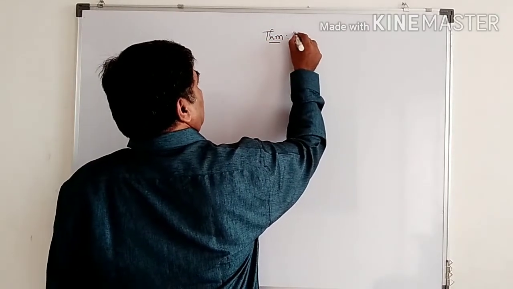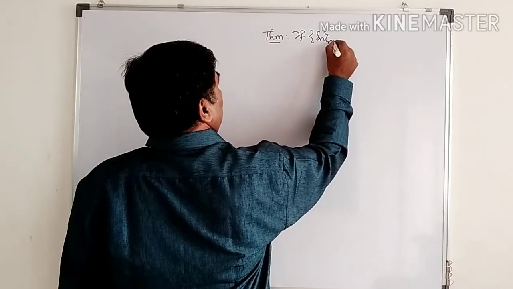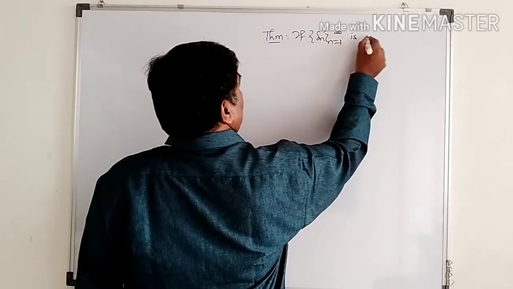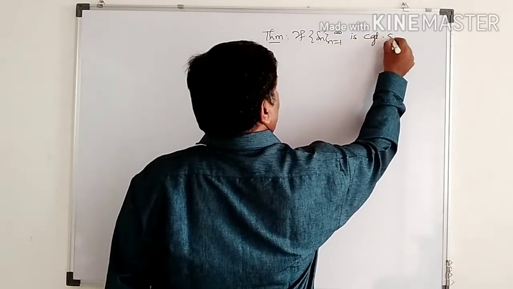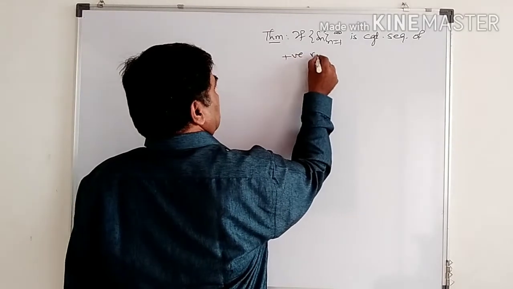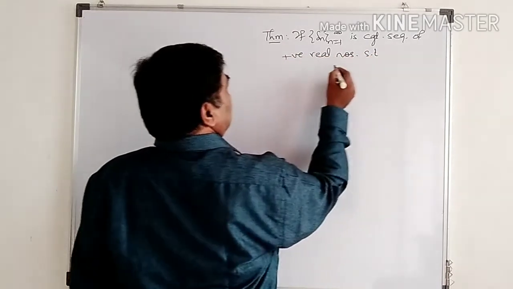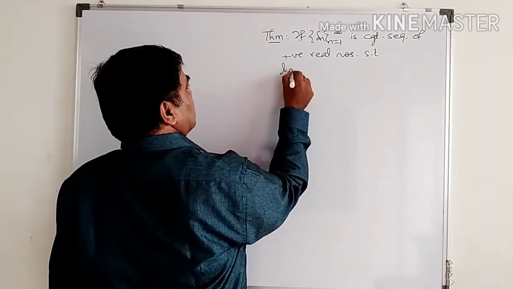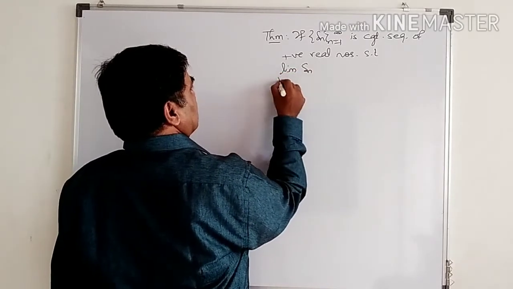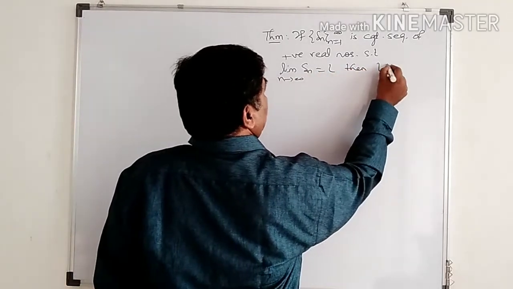Here, if Sn, n equal to 1 to infinity, is a convergent sequence of positive real numbers such that limit of Sn is equal to L, then L must be greater or equal to 0.